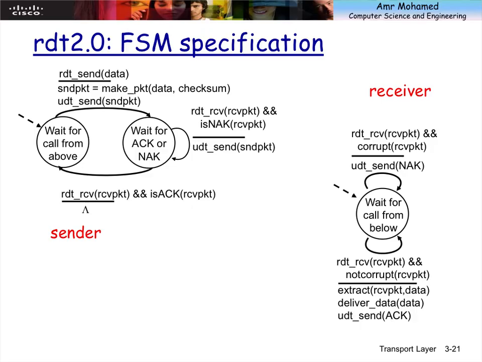So make the packet and send it, similar to before. But here I have to wait for an acknowledgement. Why? Because the channel is somewhat unreliable. So that's why I have another state here. When I'm in the state of receiving an acknowledgement or negative acknowledgement, can I send any other packet?